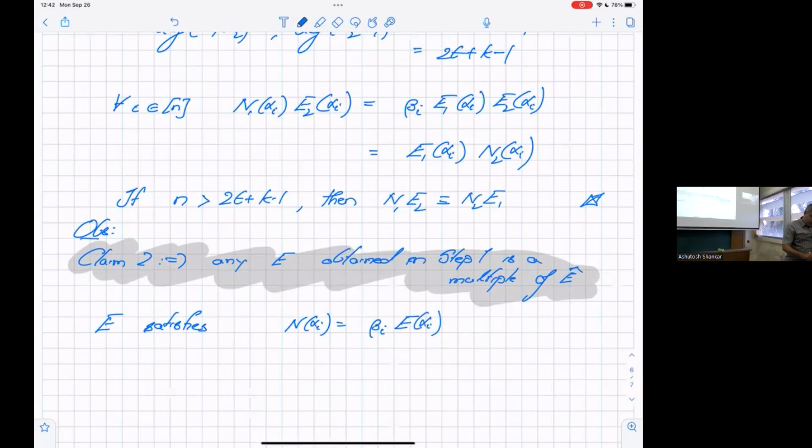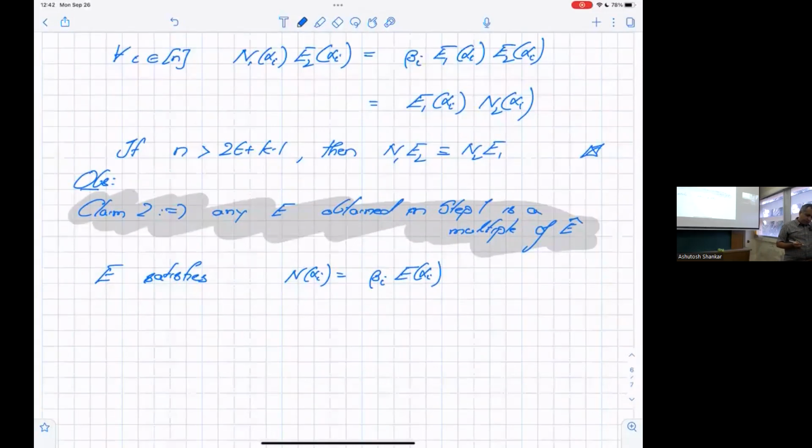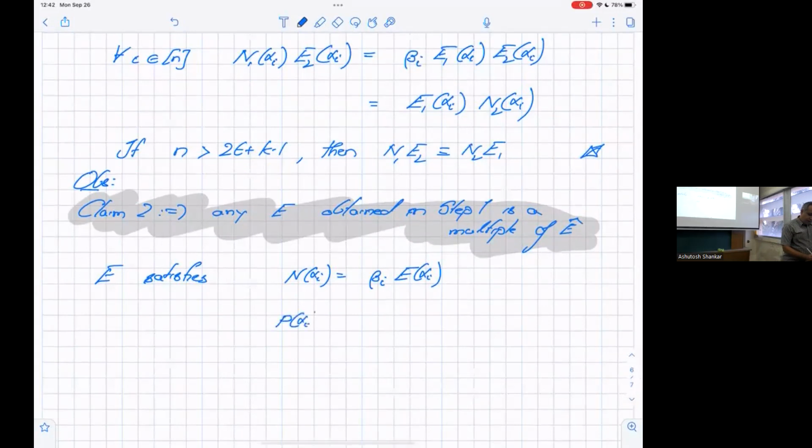But what else do we know? Of course, we also know that n hat of alpha i is P of alpha i times e hat of alpha i, which is also equal to beta i times e hat of alpha i. So that's the point which we had. What do I want to say from this? If P of alpha i is not equal to beta i, then e hat of alpha i has to be zero.